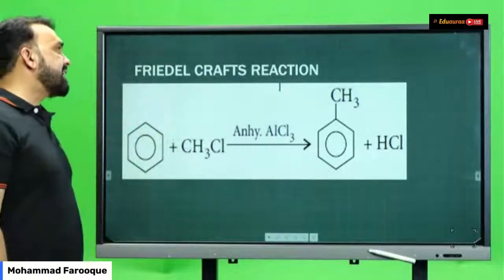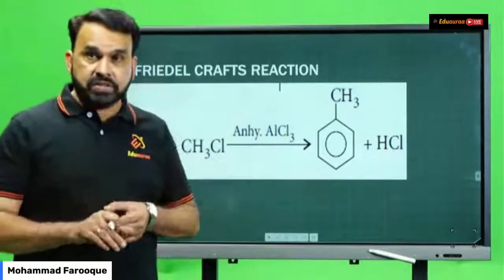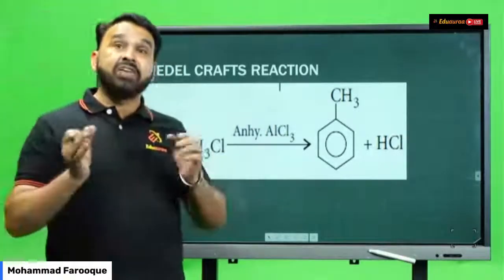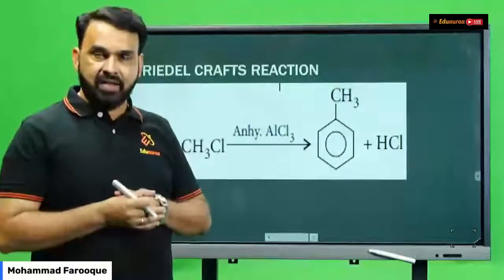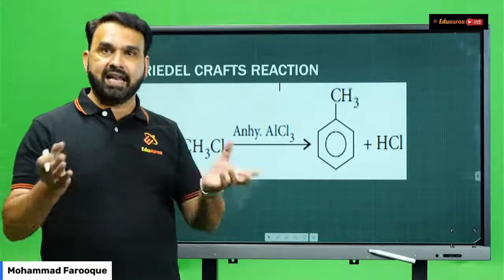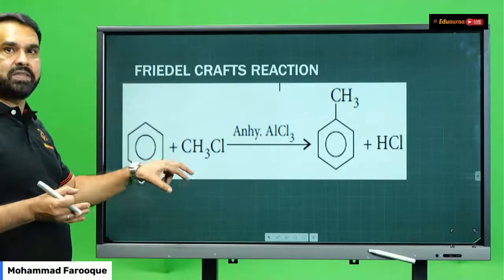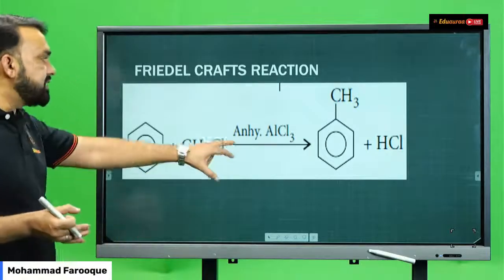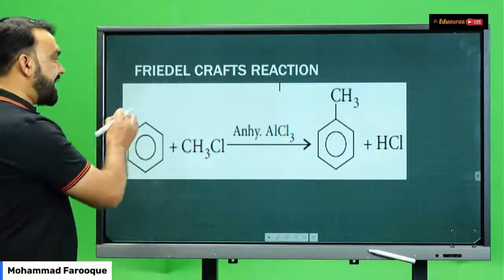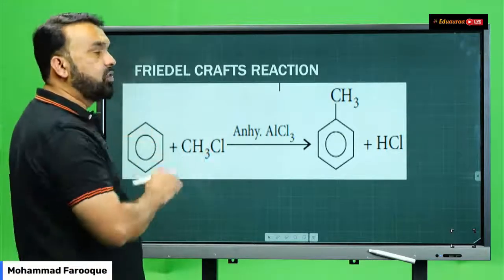Now, another reaction of alkyl halides is the Friedel-Crafts reaction. You study the Friedel-Crafts reaction of two types, Friedel-Crafts alkylation and Friedel-Crafts acylation. In alkylation, you study the reaction with an alkyl halide. Here we see the example of benzene reacting with methyl chloride in the presence of anhydrous AlCl3, where the hydrogen atom from the benzene ring is replaced by the methyl group.